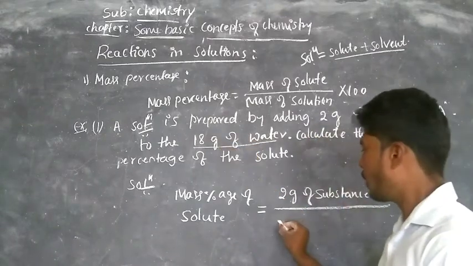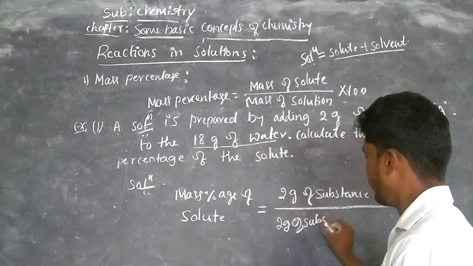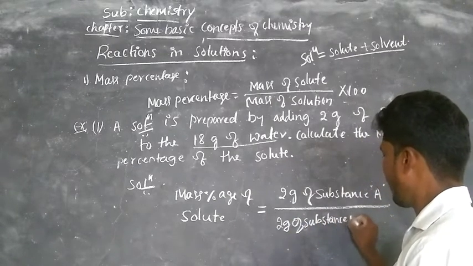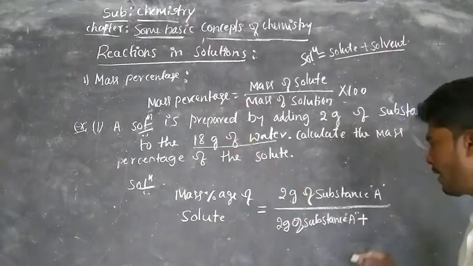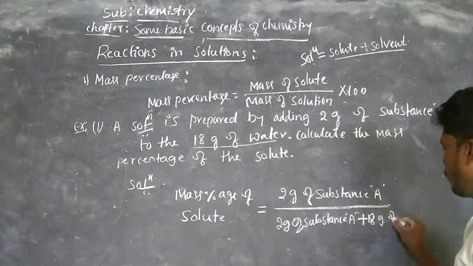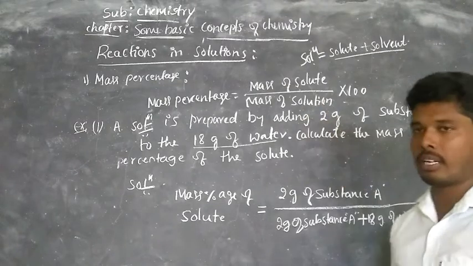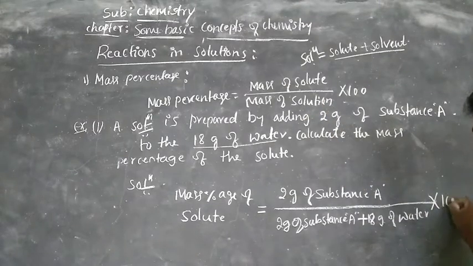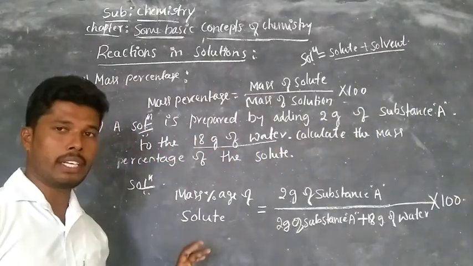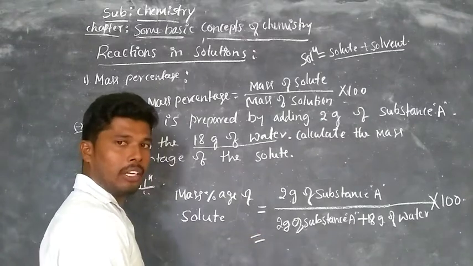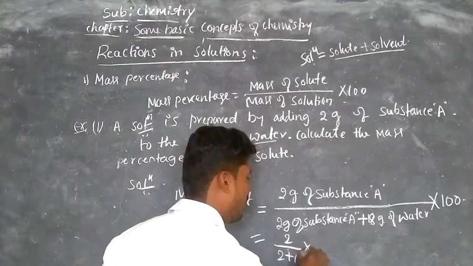So 2 grams of substance A plus 18 grams of water is the mass of the solution, into 100. This is the formula. On substituting, that is equal to 2 divided by 2 plus 18, into 100.